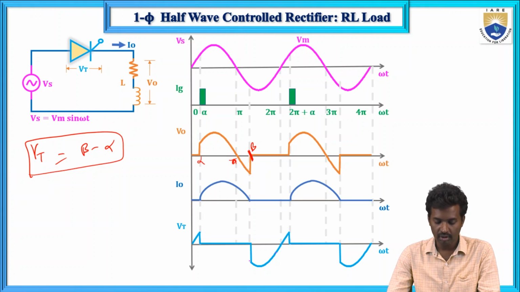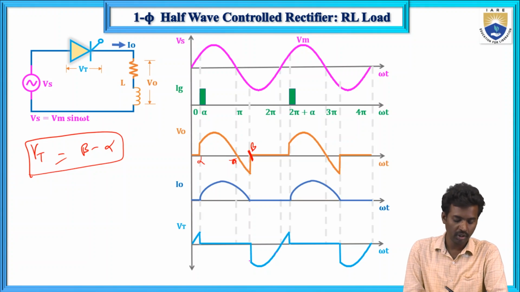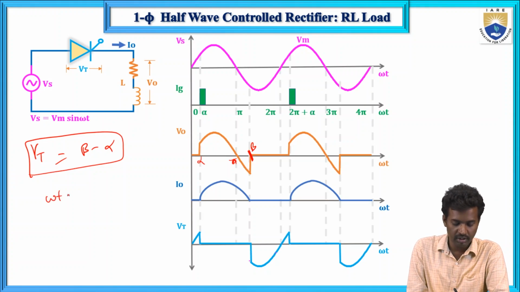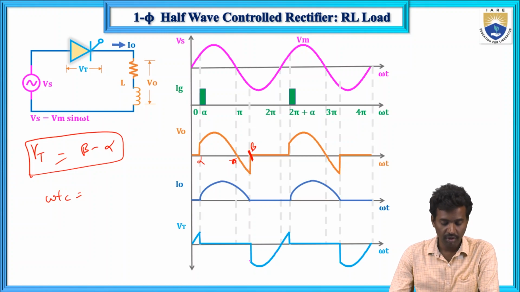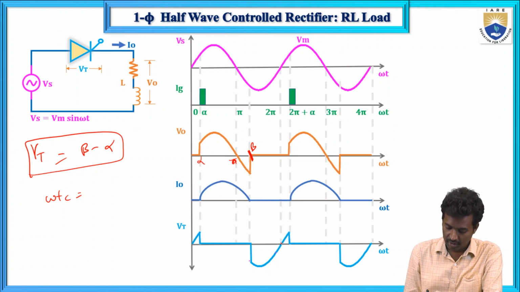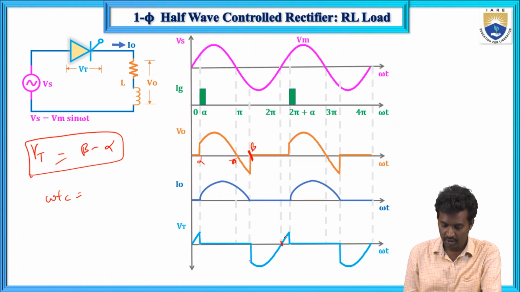And now circuit turn off time. The circuit turn off time omega Tc is the duration for which the SCR is in reverse blocking mode.